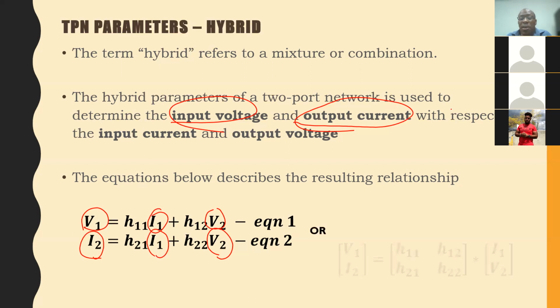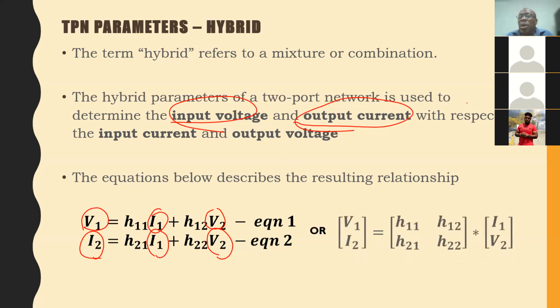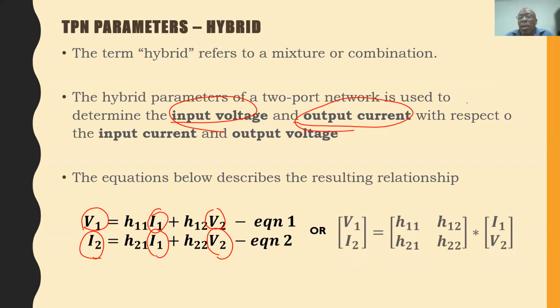So in matrix form, we have V1 and I2 being equal to H11, H12, H21, H22, times I1, V2. Of course, in terms of the subscripts, 11, 12, 21, and 22, they tell us the position in the matrix, but they're also telling us which port is being divided by which.